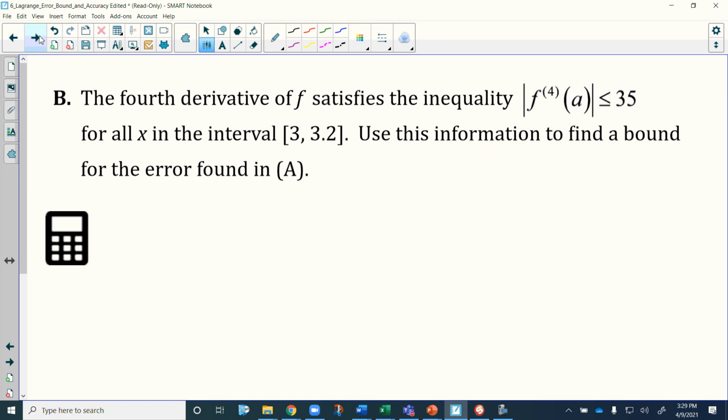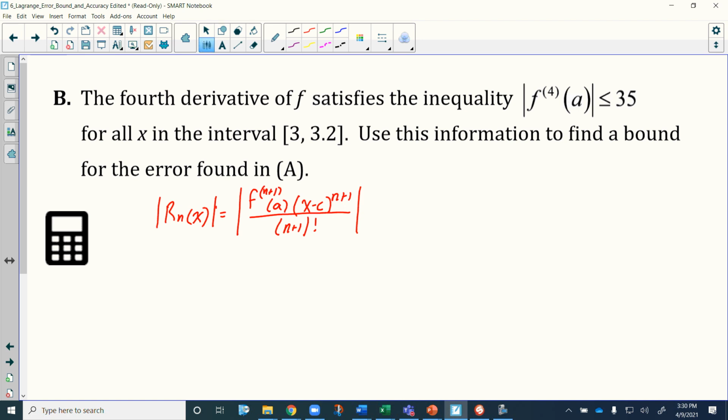So let's just start it off. Let's not skip anything. We have r sub n of x, in this case, is going to be equal to the absolute value of f of n plus 1 degree times a, and we're going to multiply that by x minus c to the n plus 1 power also, and all of that is divided by n plus 1 factorial.